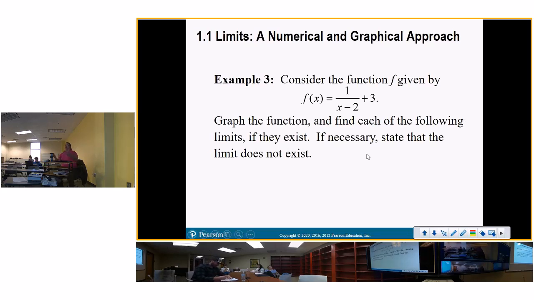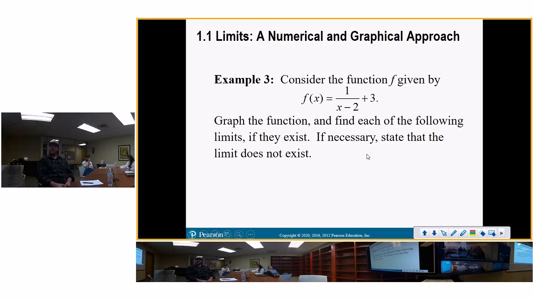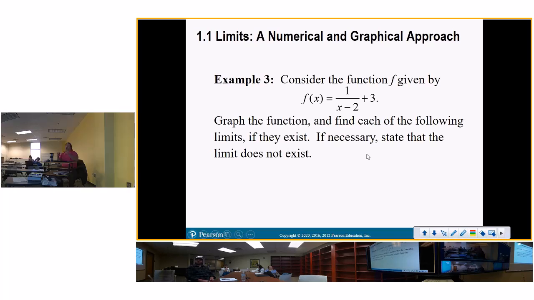You don't have an x plus 4 quantity squared up there, or x minus 4, or x squared minus 4x plus 4. You don't have that to factor. You just got a 1. So if you can't factor, write this down again, if you can't factor and cancel, then you're going to have a vertical asymptote. You're not going to have an open circle. You're going to have a vertical asymptote.